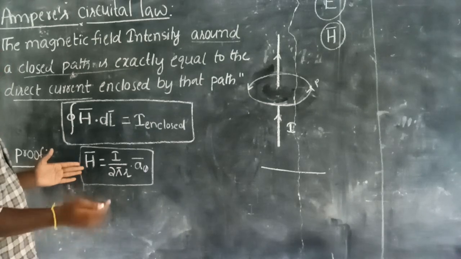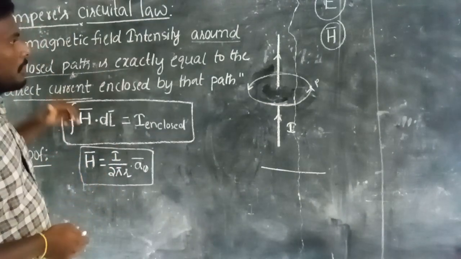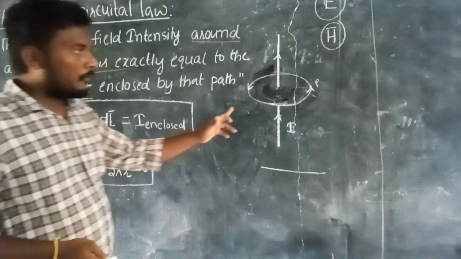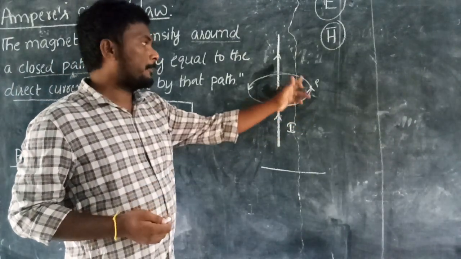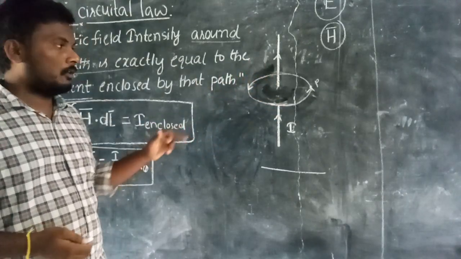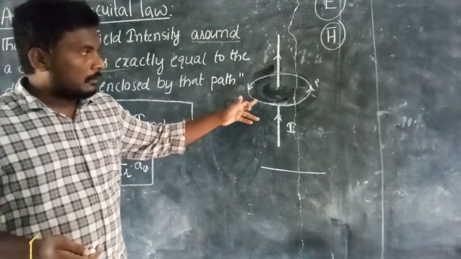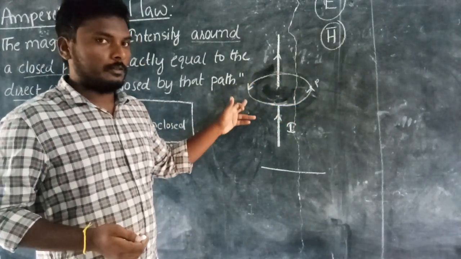As already told at the beginning of our class, whenever we are using Ampere circuit law, first of all we have to consider the closed path surrounding the conductor. So here in step 1 I am taking this closed path. Okay.